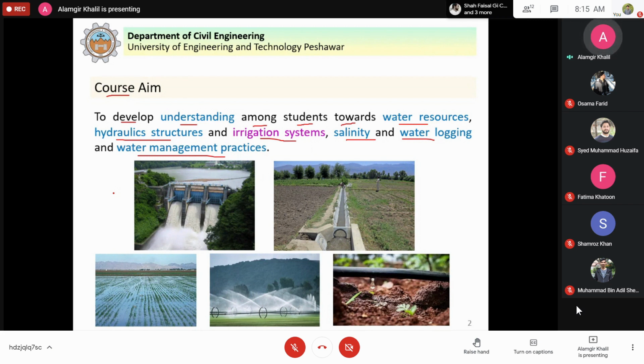Similarly, we have cross drainage works. For example, we carry the canal, as you can see here, which is an artificial channel that carries the water. If this canal crosses a drain or, for example, a river, then there are three possibilities.